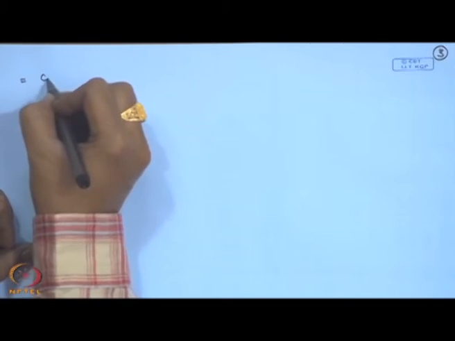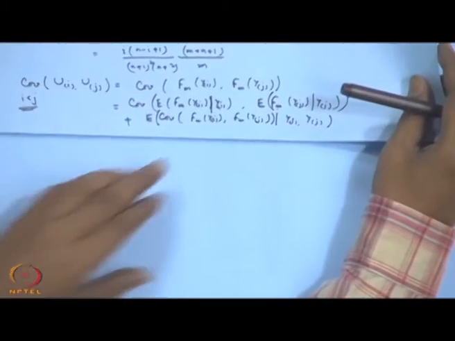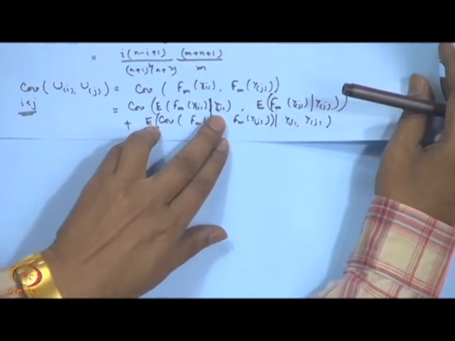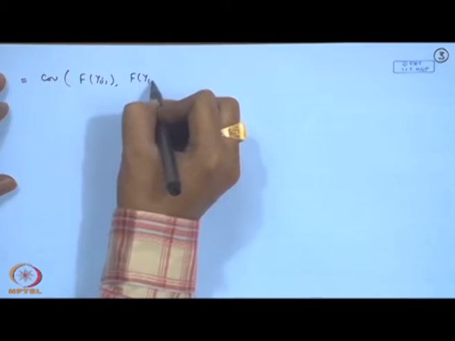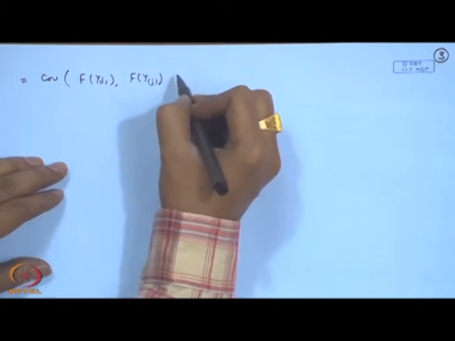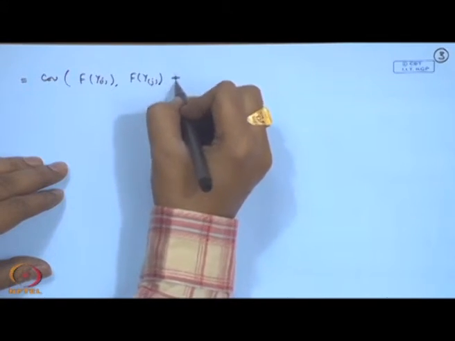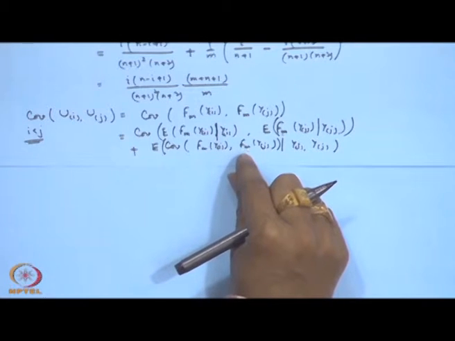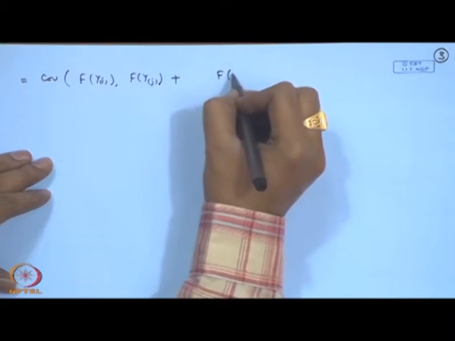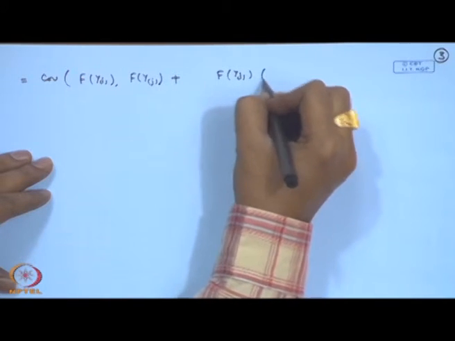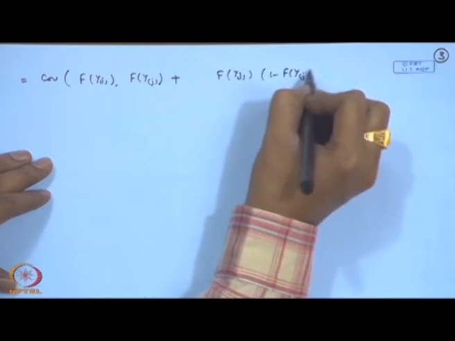So, this is equal to the covariance between... Look at the first term here: the expectation of F_m(y_i) given y_i will become F(y_i), the second term will become F(y_j), and the next one, this type of term we have also seen, because if I look at two of them, this becomes F_m of F(y_i) into 1 minus F(y_j).